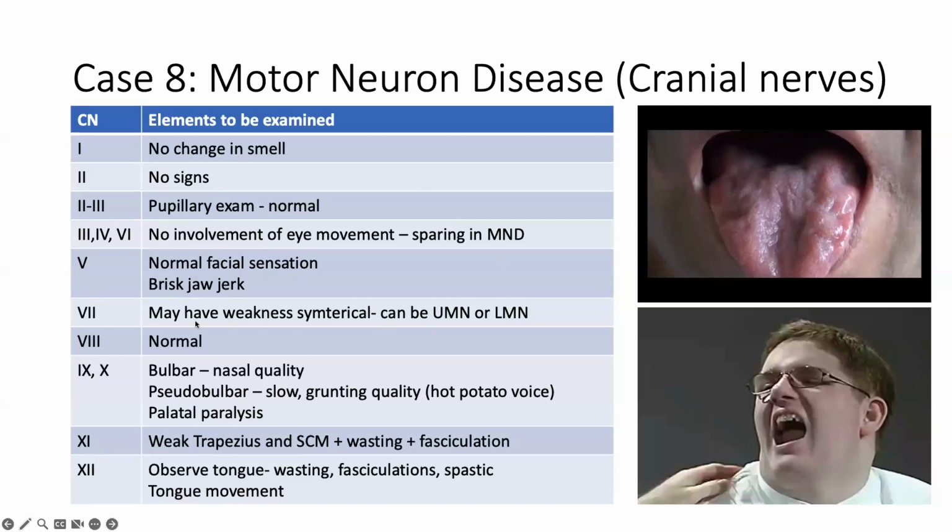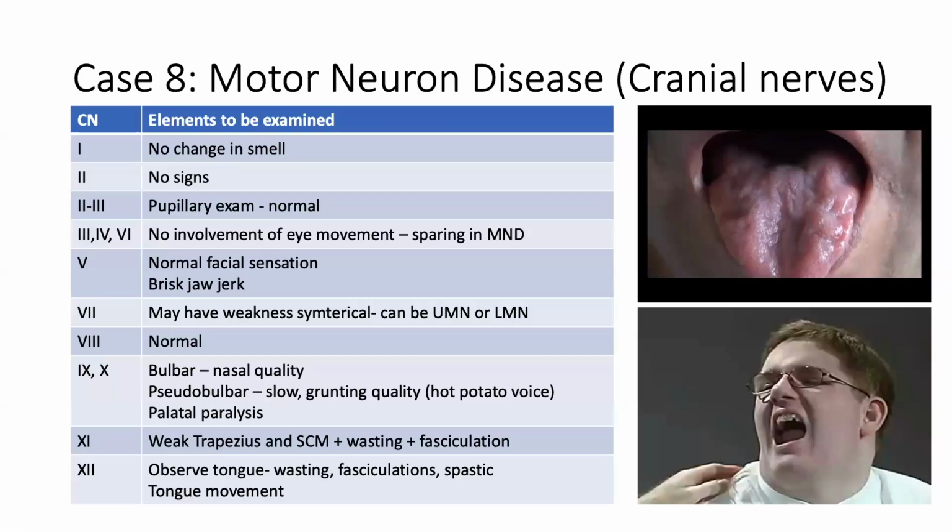They may have facial muscle weakness, which can be either upper motor or lower motor. Upper motor means sparing of the forehead, lower motor means no sparing of the forehead. And they can either have bulbar or pseudobulbar palsy.